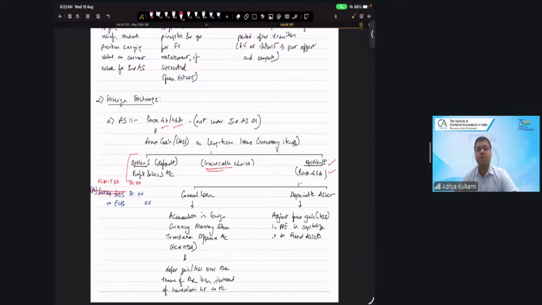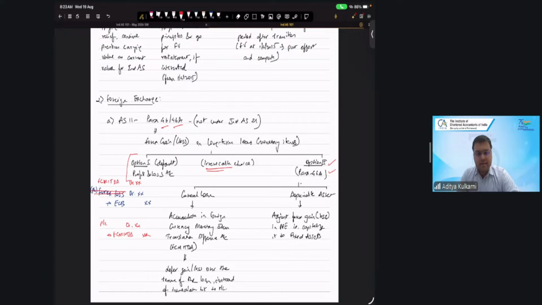Instead of a sudden P&L hit, you can park it in the FCMITDA account, and ultimately this will hit the P&L over the life of the loan, over the tenure of the loan.